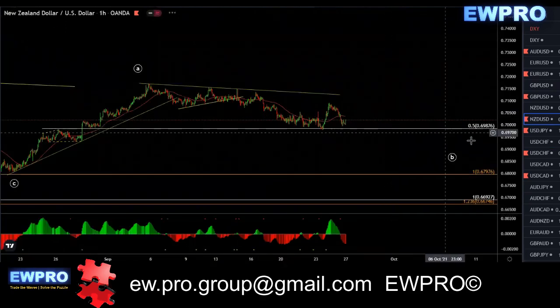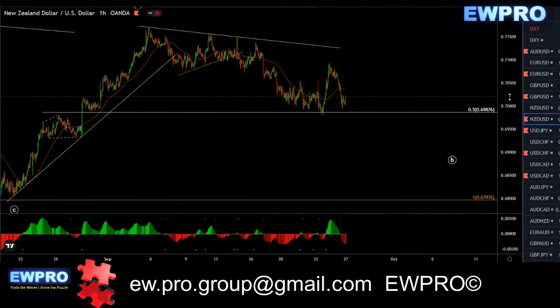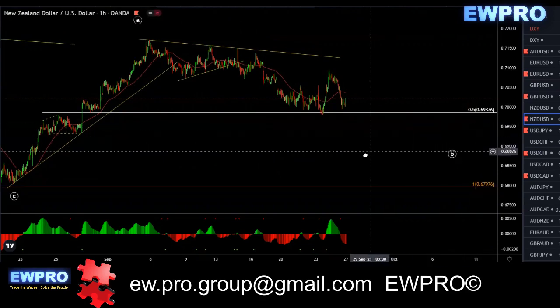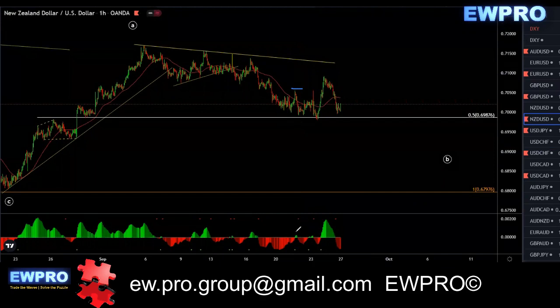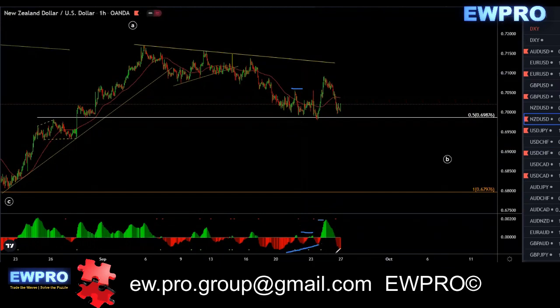On the H1, we do have the high, and we did have the bullish divergence. So if you were going to buy anything, you'd be buying this one for the possible bull hidden divergence.